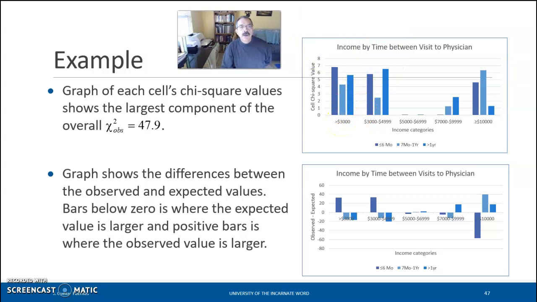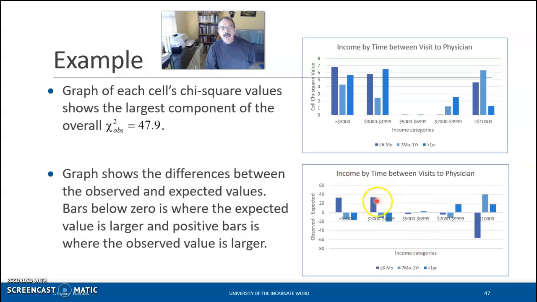This is the chi-square values, and this is the difference of the observed minus expected values. And of course, if there is a match, then all these cells should be very close to zero, like in this case for this level of income.